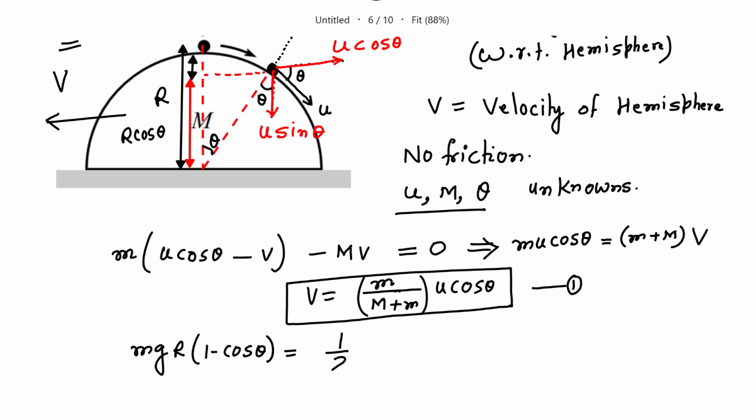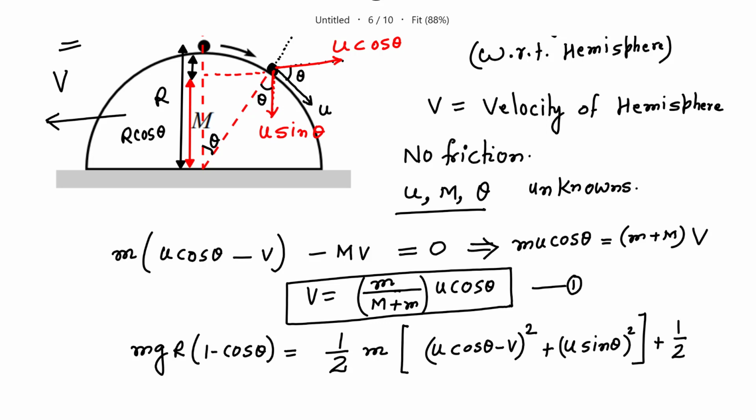For the small mass, half m v squared, and the velocity has two components, vx squared plus vy squared. The vx is (u cos theta minus v) whole squared, and vy is (u sin theta) whole squared. This is the small mass, and the kinetic energy of the big mass is half M V squared.